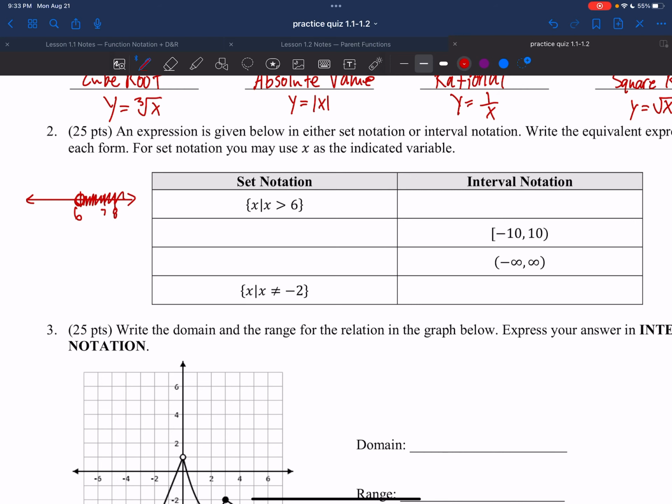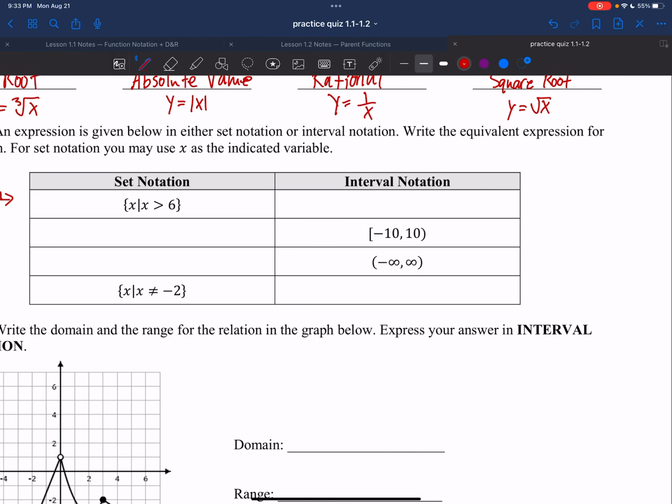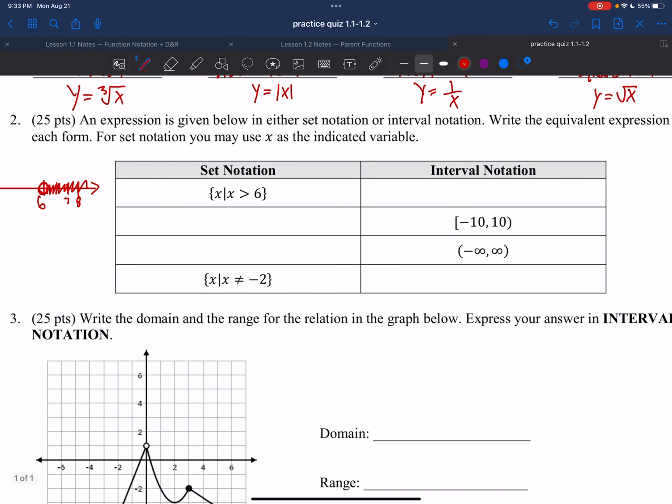So that's my interval. And so if you're looking at interval notation, remember, it's lower bound, comma, upper bound. I'm not going to write it, actually. But anyway, it's lower bound and then the upper bound. You'll see that 6 is the lower bound, right?